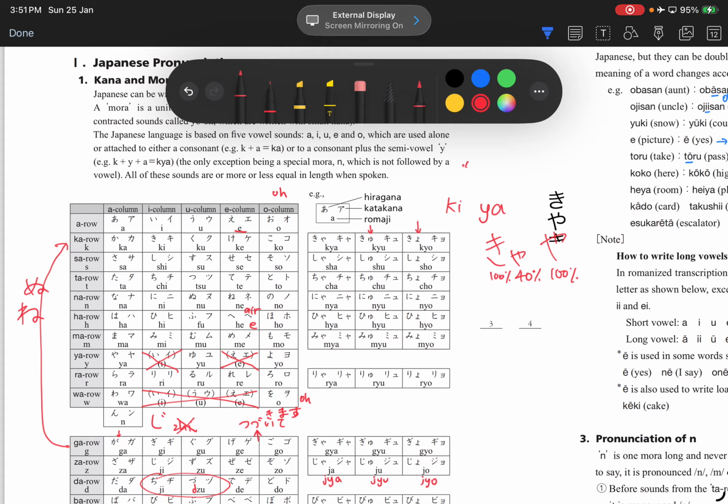Currently the class schedule is: 25 February, 1 February, 8 February, 15 February, 22 February, 1 March, 8 March, 15 March, 22 March, 29 March, 5 April, 12 April.